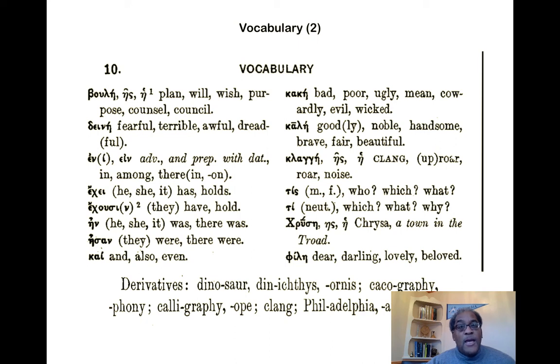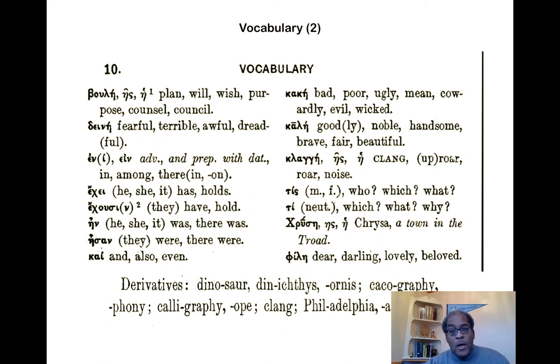So we have boule, dene, en, ein, eke, ekusen, ein, esan, kai, kake, kale, klange, tis, te, kruse, and pile.